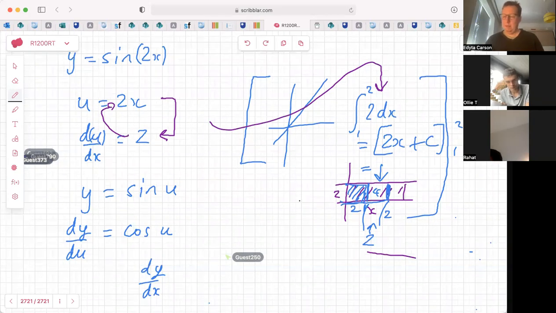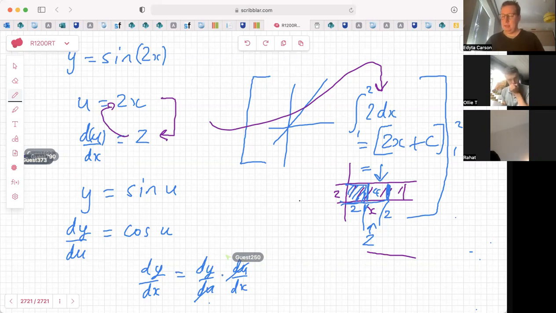If we look at what we have found, we've found dy by du, and we found du by dx, and both contain du, and through division they just cancel out. That's the chain rule trick. We differentiate two different things, bring them together, and those cancel out, which leaves us with just the result dy by dx on the left hand side.